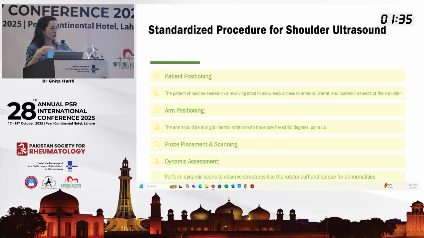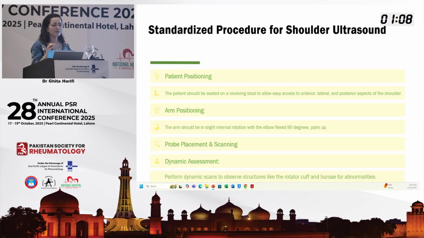Regarding the arm positioning, it will change as you scan, because each tendon has its preferred arm position, and we will see that shortly. The probe placement and scanning also will depend on the tendons. And then, most importantly, this is an anatomical area where dynamic examination takes the major importance.